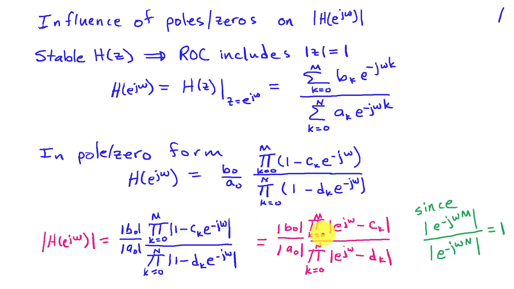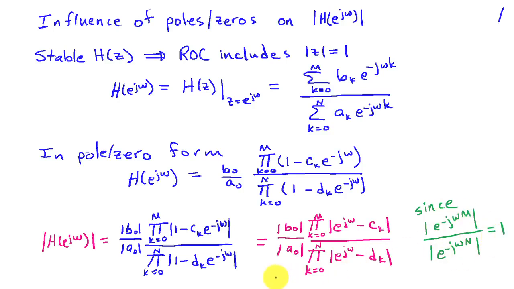And I have the product, k equals 0 to M, of the magnitude of e^{jω} minus c_k divided by the product k equals 0 to N, magnitude of e^{jω} minus d_k. The term that we factored out, the e^{-jω}, from each of these products, of course, has magnitude 1, as does the e^{-jω} that we factored out of the denominator. So this term doesn't have an impact on the magnitude.